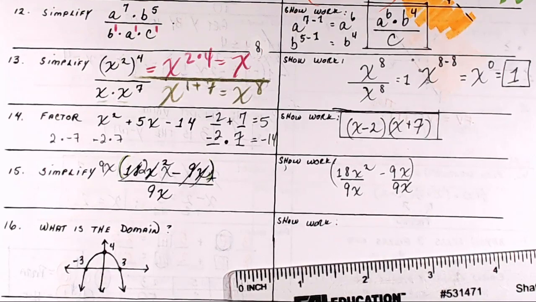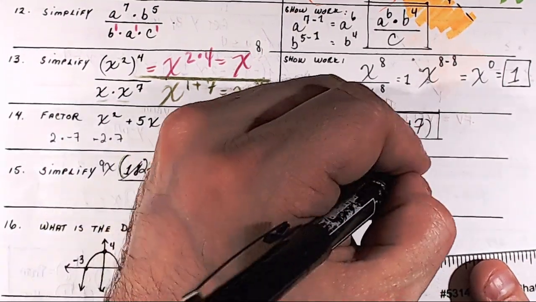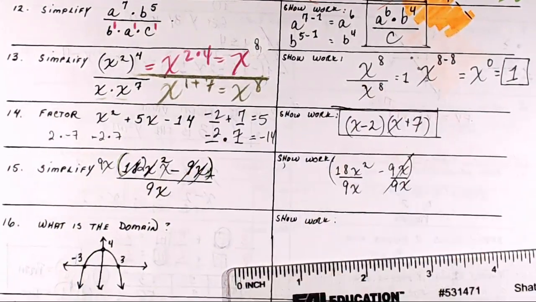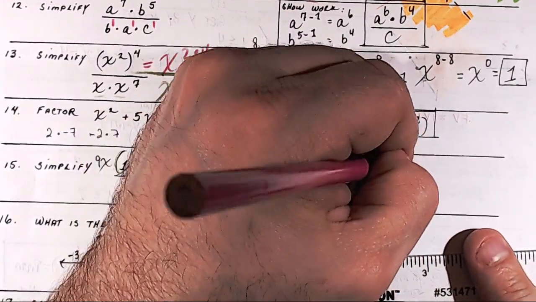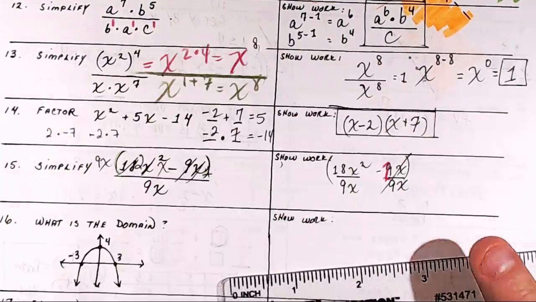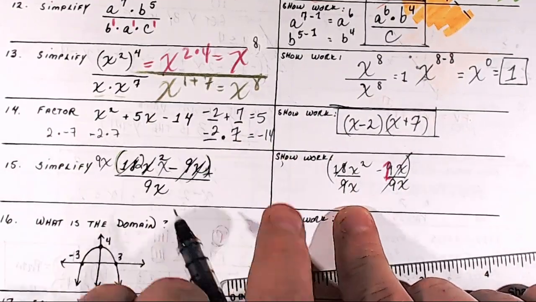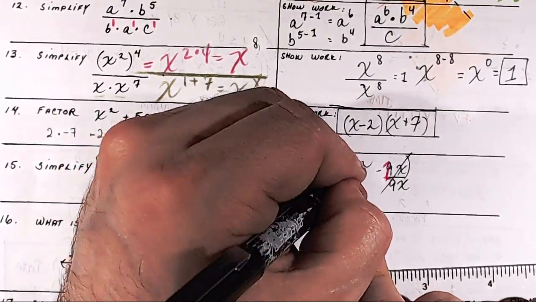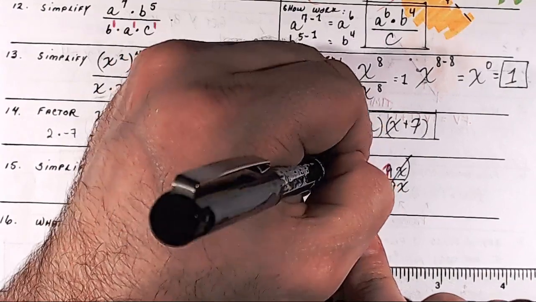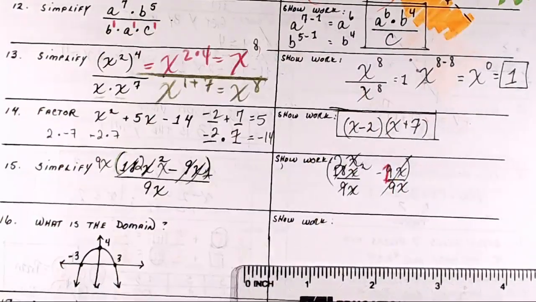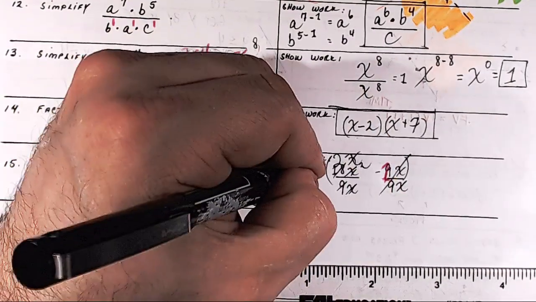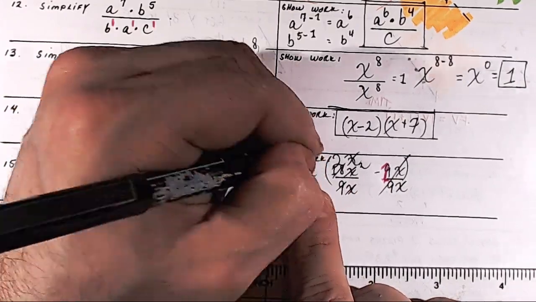And that maybe makes it a little bit clearer. So here, those cancel out, leaving behind a 1 in their place, not a 0, a 1. And here, these cancel out sort of, leaving behind a 2 on top and an x. So this is 2x. And I pull outside 9x.